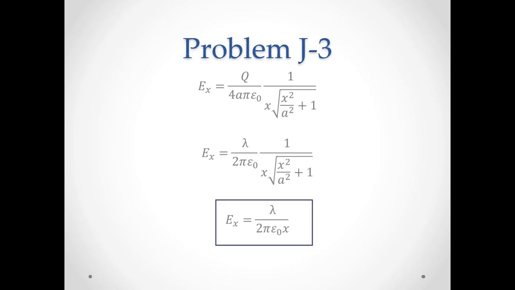And if a is really, really big, infinitely large, which we said it was, then x squared over a squared basically becomes 0. You get the square root of 0 plus 1, so you get 1 over x. And so that's how you get lambda over 2 pi epsilon naught x as your value for the electric field for a long, long, long straight line. Some of these, like this one, we'll find a different way in a later lesson.